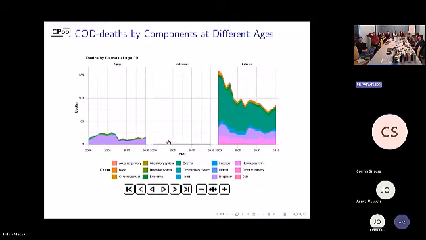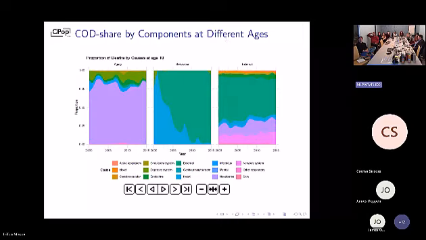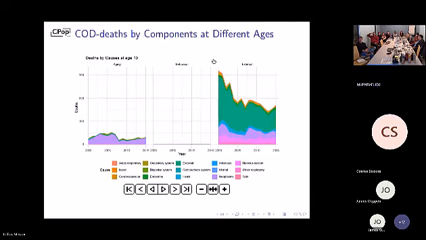There are hardly any behavioral deaths here. So we should always look at these having in mind which of the three components happen at this age.